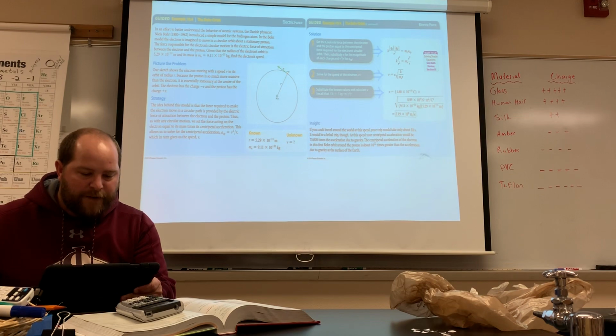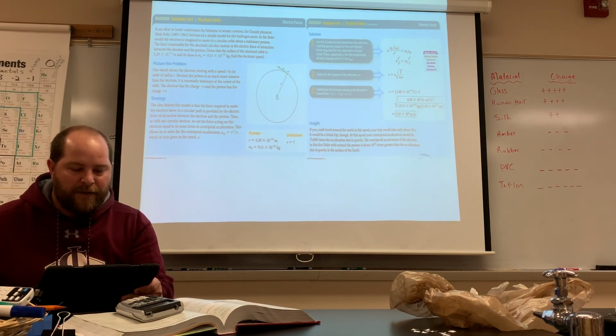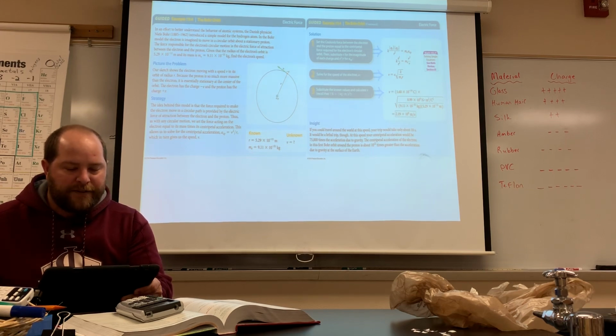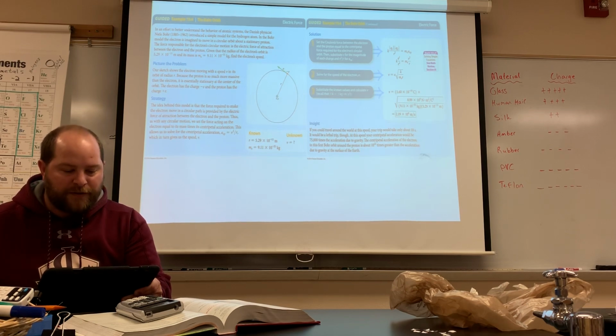It says, in an effort to better understand the behavior of atomic systems, the Danish physicist Niels Bohr introduced a simple model for the hydrogen atom. In the Bohr model, the electron is imagined to move in a circular orbit around a stationary proton. The force responsible for the electron's circular motion is the electric force of attraction between the electron and the proton.